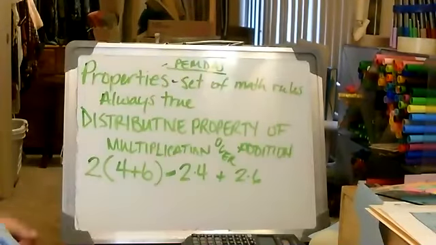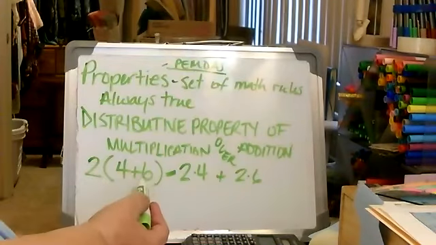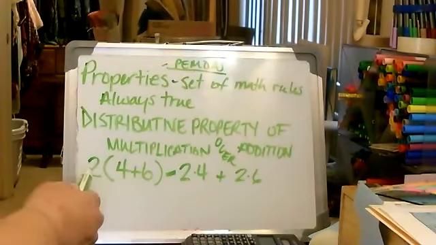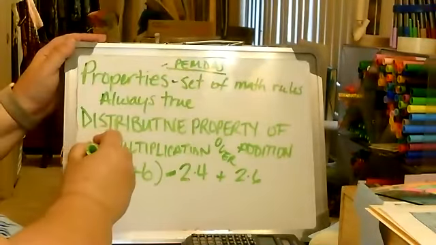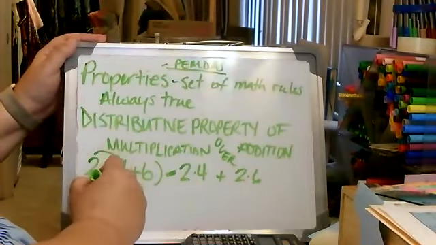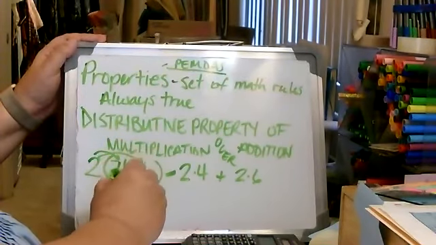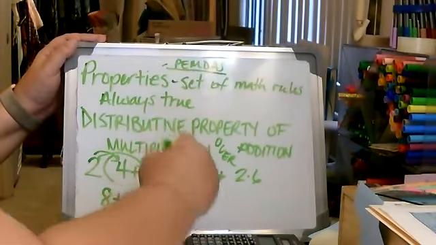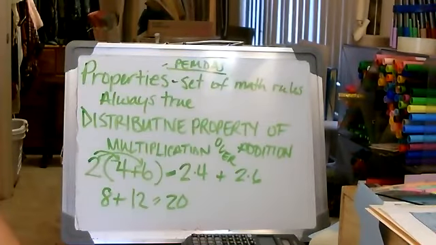And the way that's going to work, 4 plus 6 is what? It's 10. And you're going to multiply that by 2. So that equals 20. Or if you do this, where you do 2 times 4, that's 8, plus 2 times 6, which is 12, and add it together, that is going to be 20.